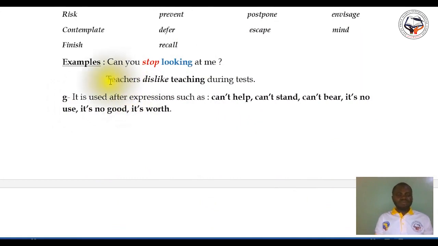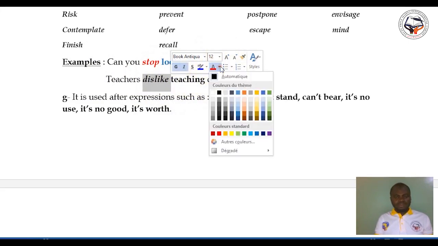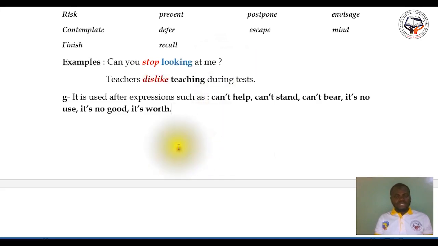And another example, teachers dislike teaching during tests. Okay, dislike is the verb calling for teaching. That is the verb calling the use of the gerund. I will put dislike in color and the gerund too in blue.